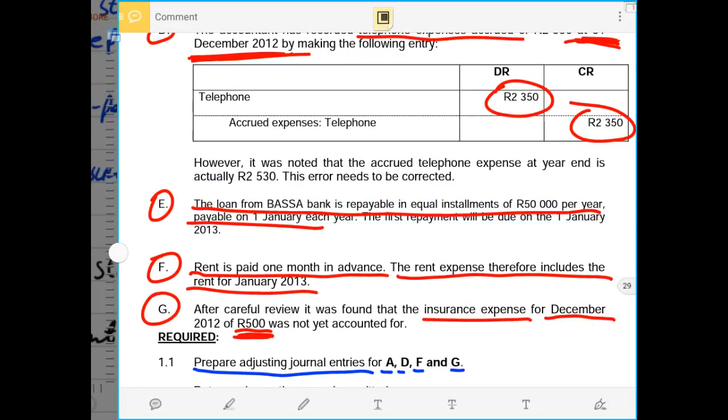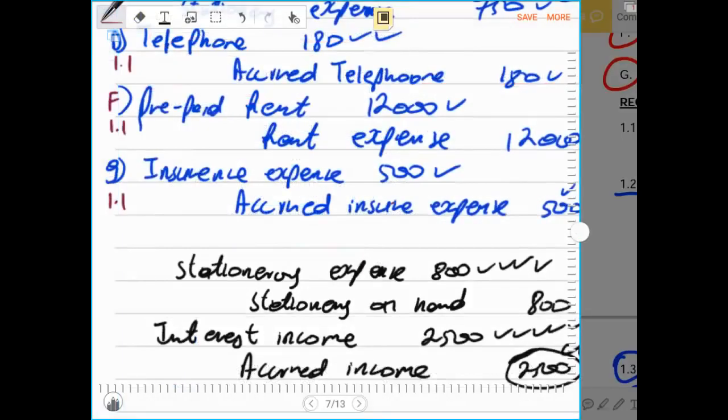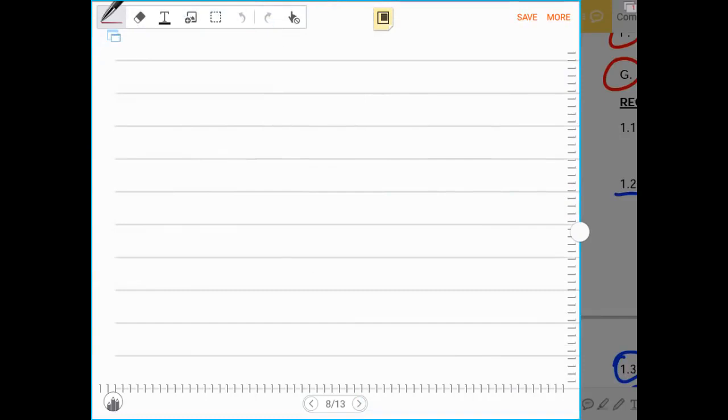Then we have to do 1.2. 1.2 is the 3 ledger accounts. The ledger account for the stationery on hand is a very straightforward ledger account. So now we are doing 1.2, stationery on hand.